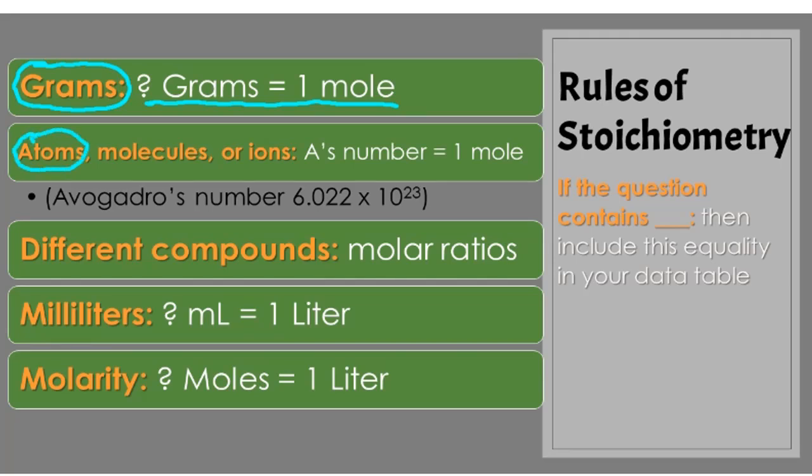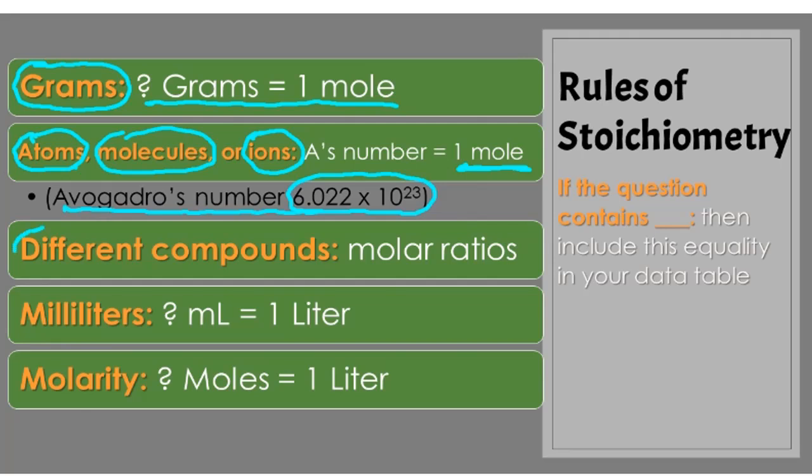Anytime atoms, molecules, or ions were mentioned, we used Avogadro's number and set that equivalent to 1 mole of that substance. So 6.022 times 10 to the 23 atoms of sodium equals 1 mole of sodium. 6.022 times 10 to the 23 atoms of oxygen equals 1 mole of oxygen, and so on.